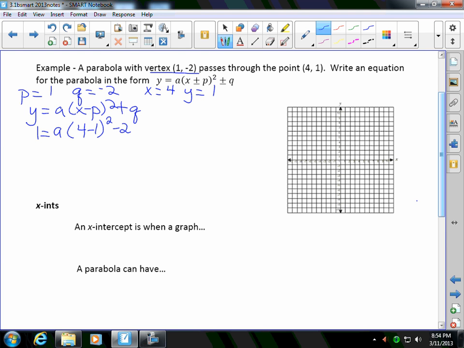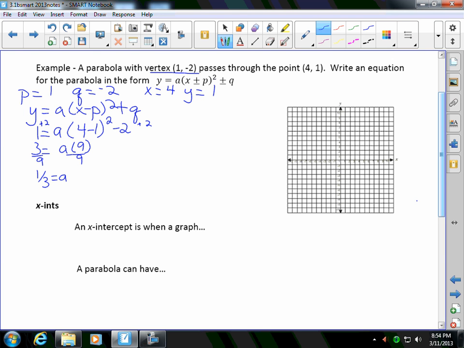If I have a minus 2, I'm going to add 2 to both sides. So I have 3 is equal to a times (4 - 1), which is 3. 3 all squared is 9. So I'm left with a times 9 on this side, so I divide by 9, and 1/3 is equal to a.